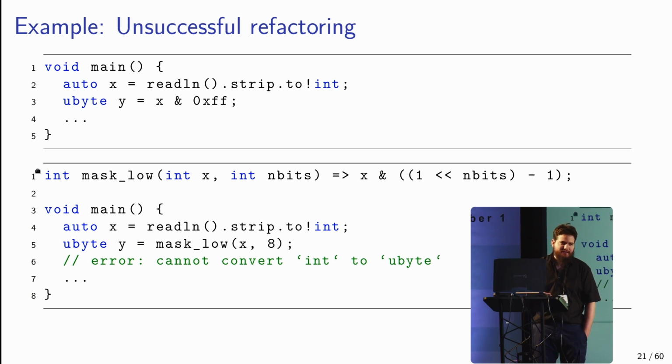And unfortunately, there's actually no way for me to fix this, because the type system here is tracking information, namely value ranges, that is actually impossible to thread through this function. So in order to make this refactoring type check, we would need to annotate somehow what is the range of the result based on the range of the arguments.